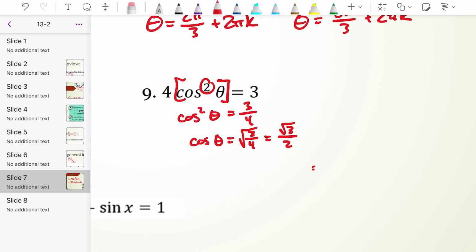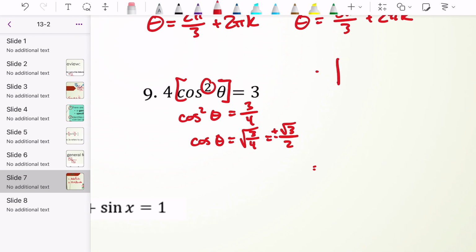Now, once we find the square root of 3 over 2, keep in mind that because we're working with a square root, there would be a positive and negative in front of it. We're going to look for the square root of 3 over 2, which is going to give us, in this case, all 4 quadrants.